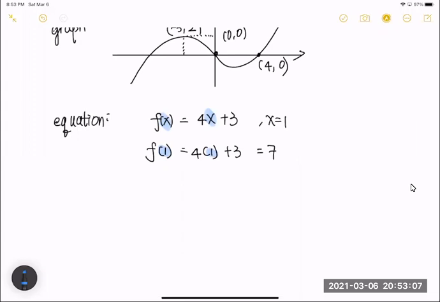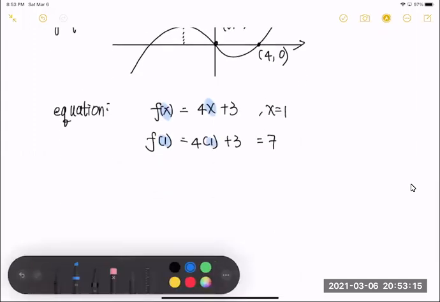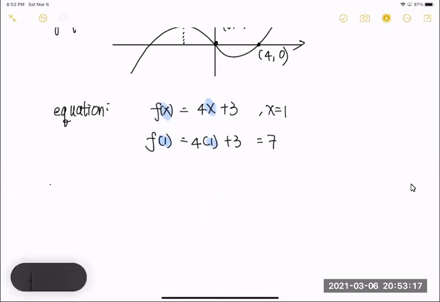Now, if I give you an equation or a graph, how do you know that this graph is a function and the other graph is not a function? We have the vertical line test. The vertical line test states that if a vertical line intersects the graph at more than 1 point, then this graph is not a function.